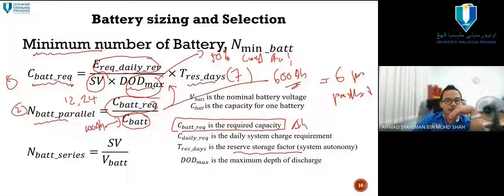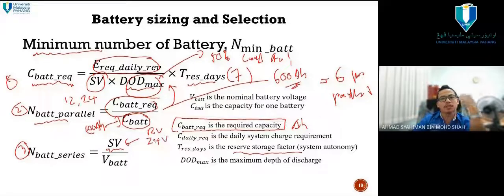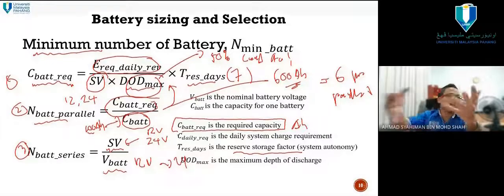What's next? Next is the system voltage. System voltage depends. Our system, just now we have 12 volt. Maybe sometimes we have 24 volts. Usually battery by default is 12 volt. I rarely see a 24 volt battery. There are, but actually they are connected in series already.